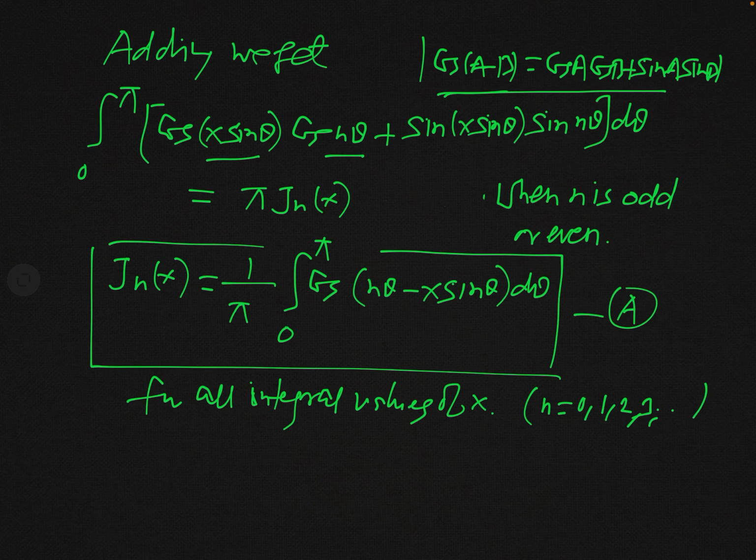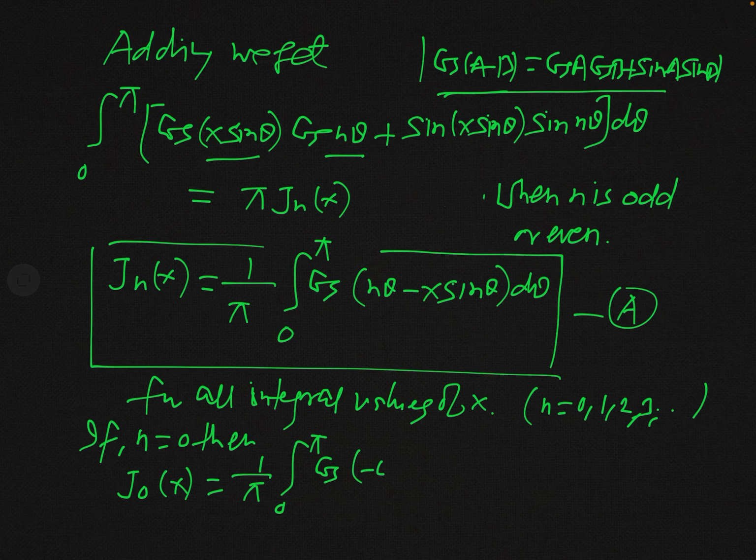So if in particular we find the value of J0 of x, if n equals 0, then our result will be J0 of x equal to 1 over pi integral 0 to pi cos of n theta, n is 0, so this is 0, minus x sin theta.